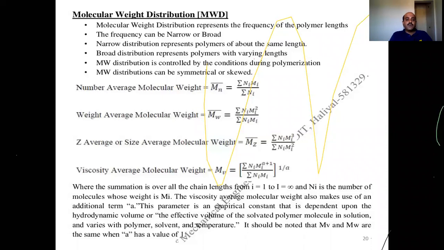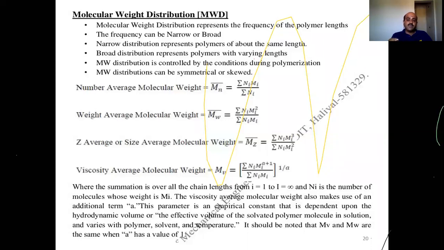And of course, we have different average methods of calculating the molecular weight. So we have the number average molecular weight, weight average molecular weight, Z average or size average molecular weight, and viscosity average molecular weight. So these are how we generally calculate the average molecular weights.